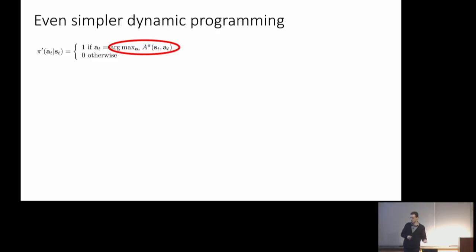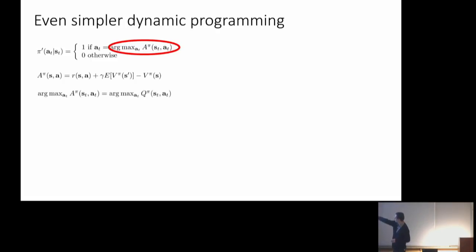And the Q function also happens to tell you the value of that action, not just which action to take. So this is the advantage. The Q function is just this first part without the minus V pi. So that means that the argmax of A pi of s, a is equal to the argmax of Q pi. So that's a little bit simpler.